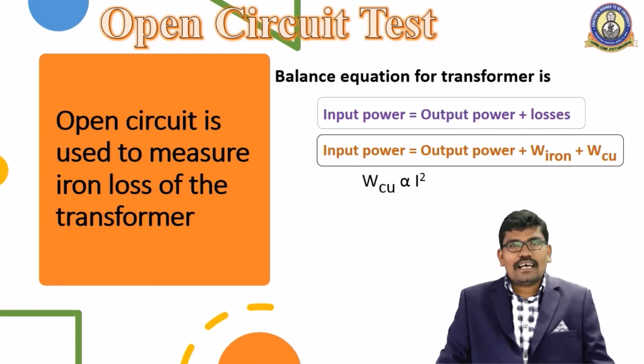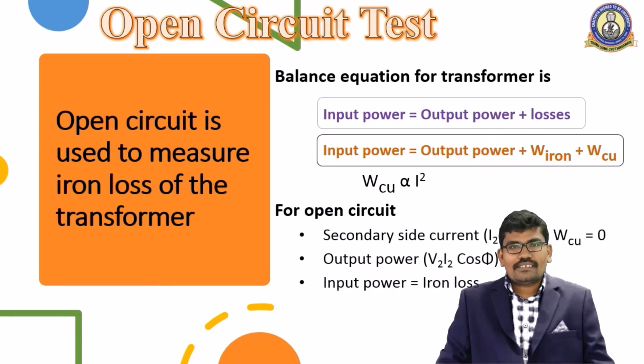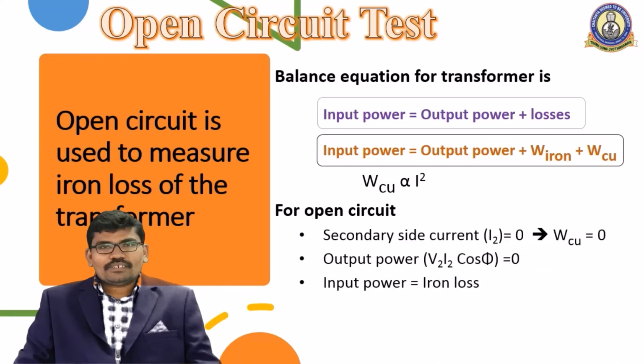According to Ohm's law, I equals V by R. If R tends to infinity, then I equals 0. Since copper loss is directly proportional to current, copper loss equals 0. Similarly, the output power of the transformer, V2 I2 cos phi, becomes 0, because I2 equals 0.